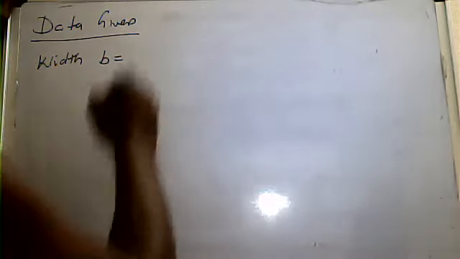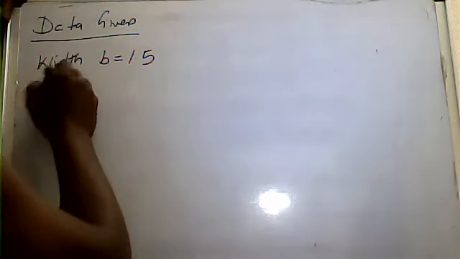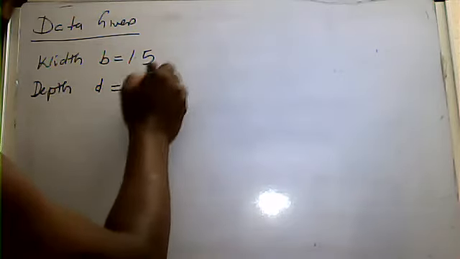Okay? So, data given. People are very good at writing data. Unfortunately, some people can just copy the data, apple and open. So, we have the width, denoted by B, 1.5. And then the depth of the orifice, denoted by D, 1.2.